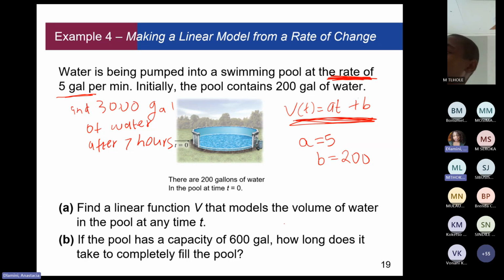That 3,000 gallons we're going to have to consider in the new equation, because they said after 7 hours. So we firstly have to find the volume of the water first, and then after 7 hours, we can calculate that. We can maneuver around the equation.